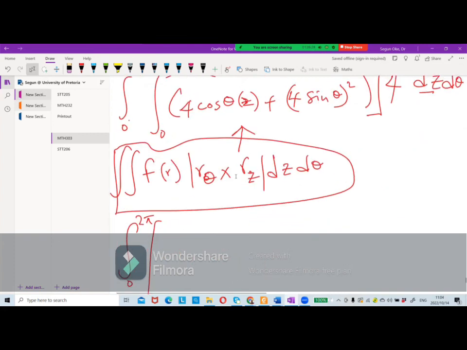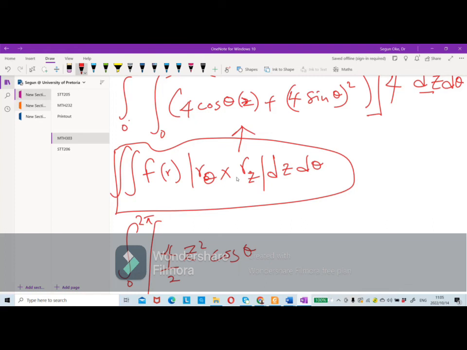If I'm integrating this with respect to z, you have 4 over 2 cos theta z squared. Or let's just say 4z squared cos theta.